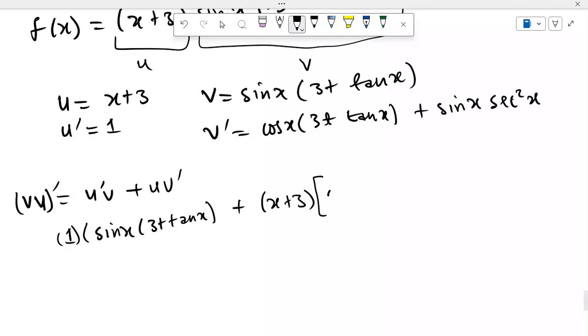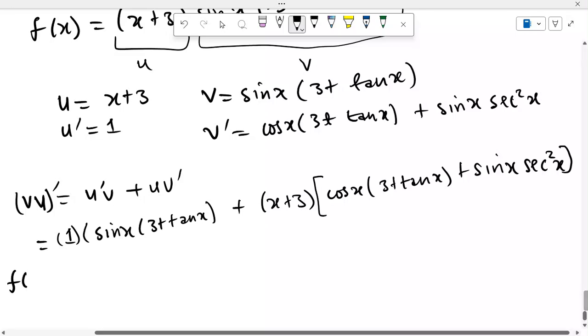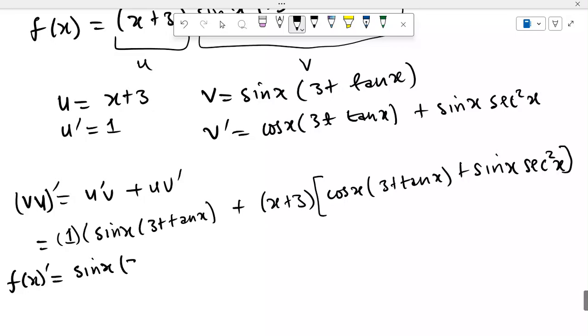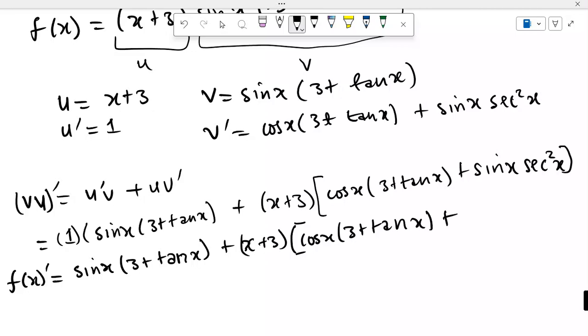So meaning f prime of x is equal to sine x (3 plus tan x) plus (x plus 3) times [cos x (3 plus tan x) plus sine x sec squared x].